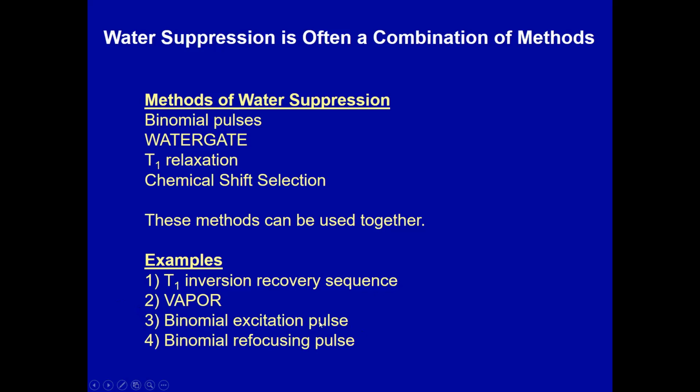And if the binomial excitation pulse eliminates 98% of your magnetization, and VAPOR eliminates 99% of your magnetization, then what you're left with is 1% times 2%, which is a very, very small fraction.